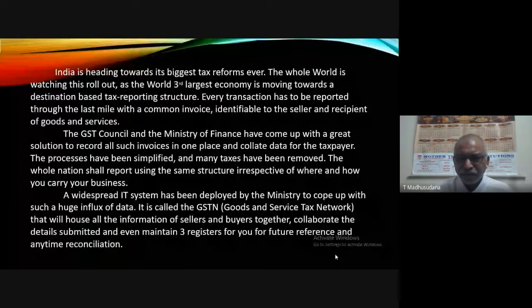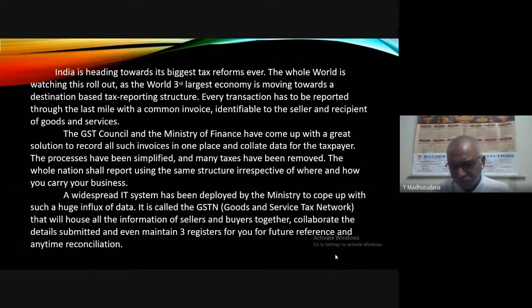See, the traders or the suppliers are required to submit various returns on the GST website. A widespread IT system has been deployed by the ministry to cope with such a huge influx of data.